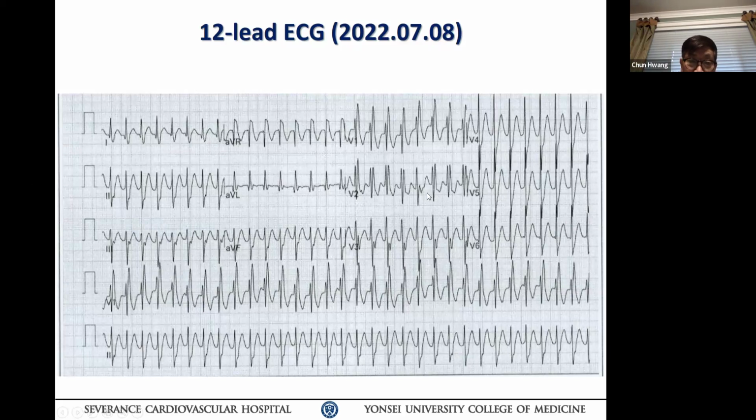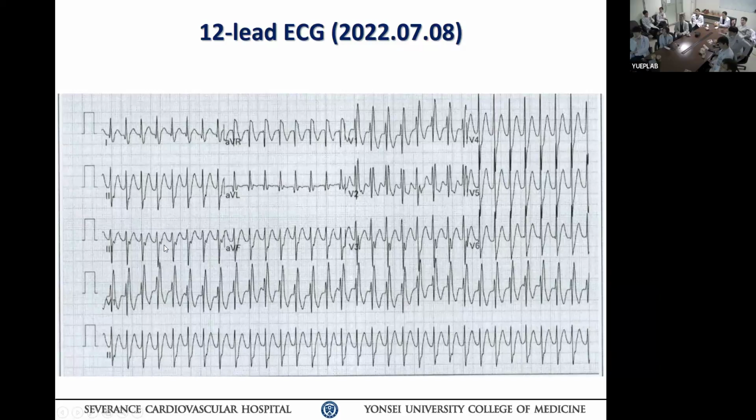V3, V2 가세요. V2. 그죠? 근데 그때 당시에 타키카디아는 무슨 타키카디아? 우리가 지금 프레젠트 디스커션은 타키카디아가 아니잖아. QRS가 어떻게 돼 있어? inferior에서 superior axis로 바뀌어버렸잖아. 그지? What kind of tachycardia this is? 이게 이제 클래시컬 posterior fascicular VT죠? 그죠?